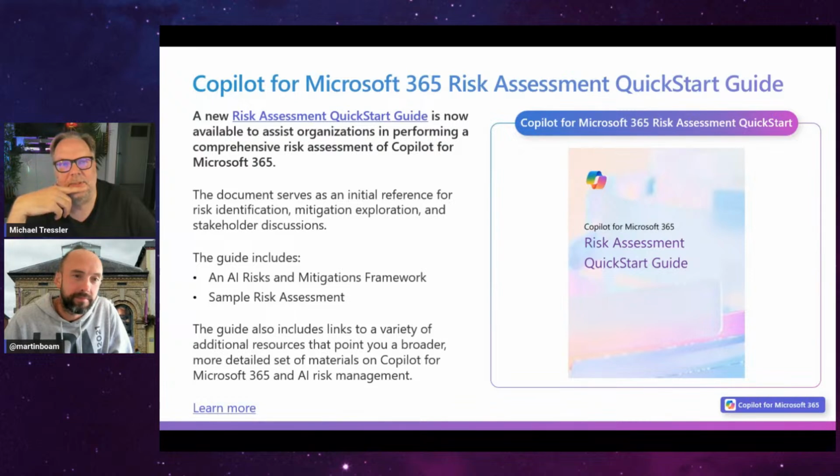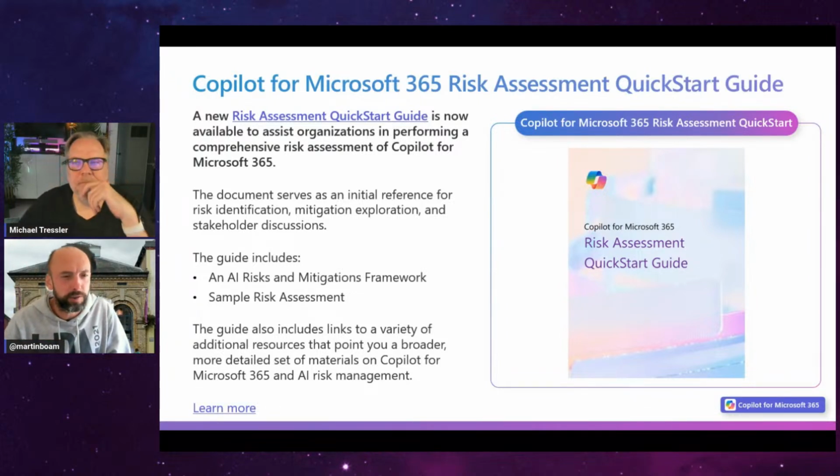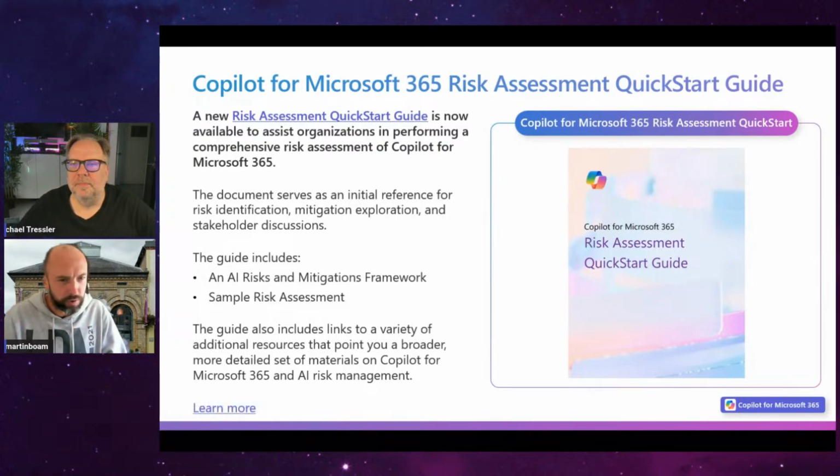What's this risk assessment quick start guide? Yeah, so I think you can download the slides and get to the link now, but it's quite a lengthy document, which really highlights common concerns. There's a guide around mitigations for a number of risks around the use of AI. There's a simple risk assessment.